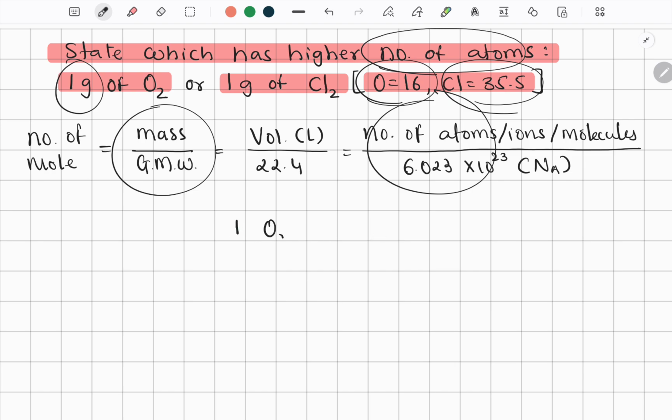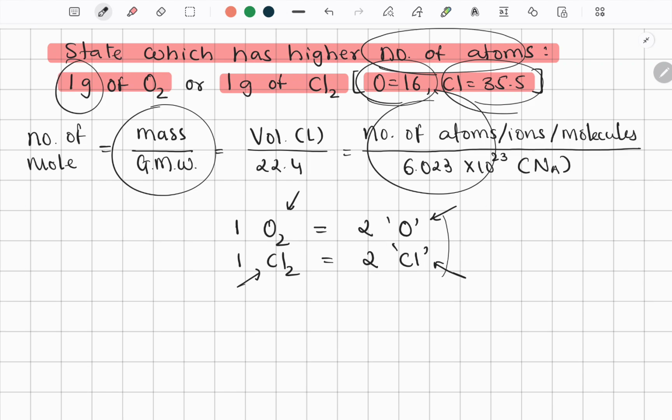So 1 oxygen molecule is equal to 2 oxygen atoms, and 1 chlorine molecule is equal to 2 chlorine atoms. So what we can do is calculate the number of molecules of oxygen and the number of molecules of chlorine, and then multiply that number by 2 and we get the number of atoms.